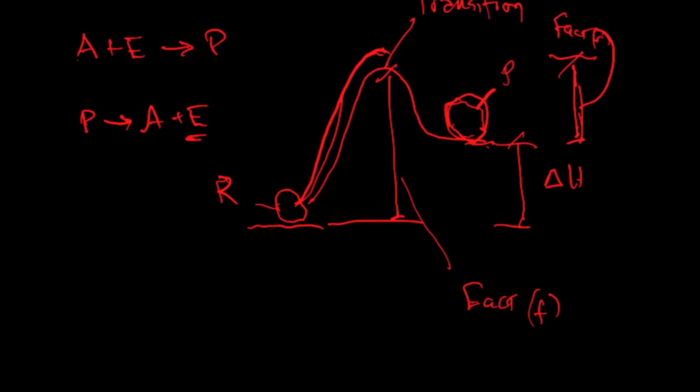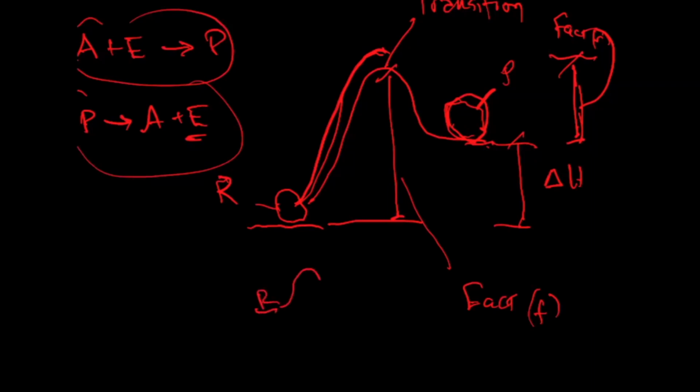So if in one direction it's endothermic, in the opposite direction, it's exothermic. That's always the case. And usually it's rare in which the reactant and the products have the same energy. It's very rare, but it does happen by coincidence. In that particular case, the activation energy in the forward is equal to the activation energy in the reverse.